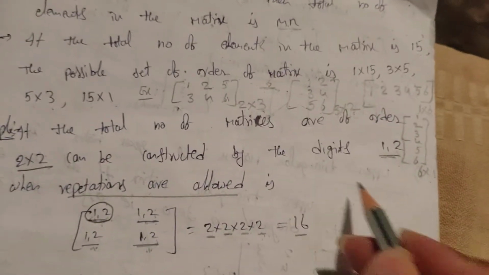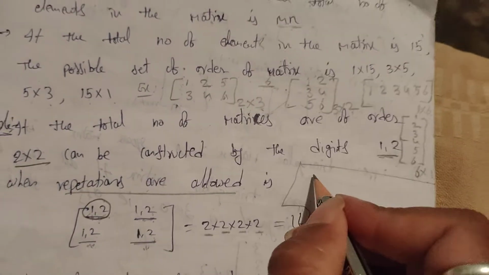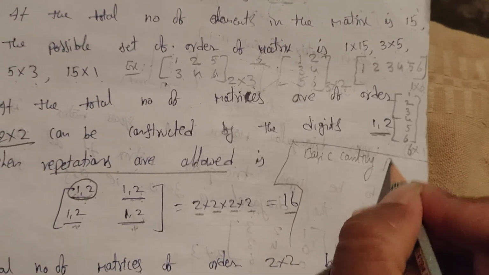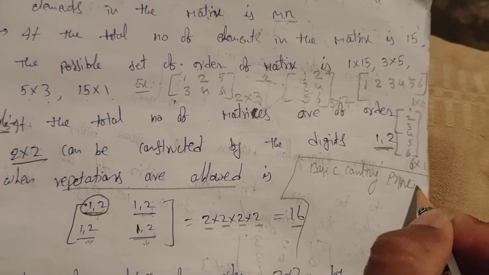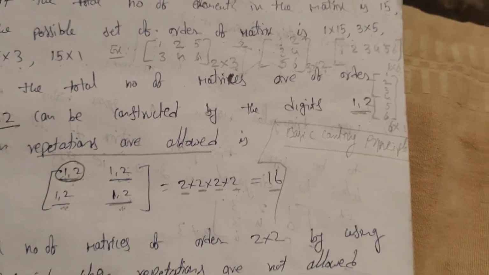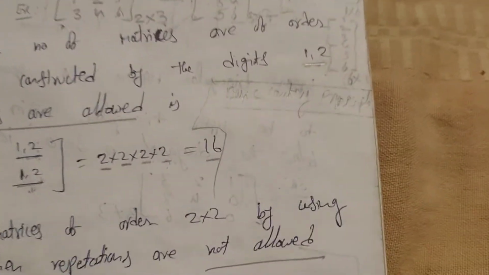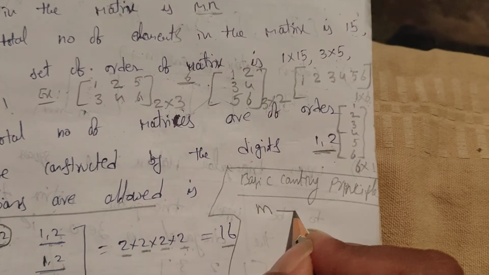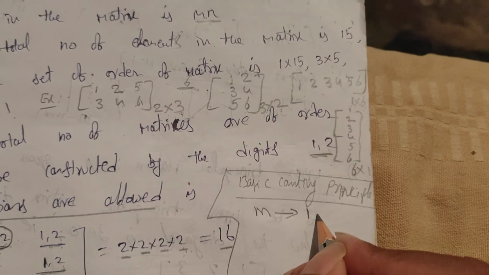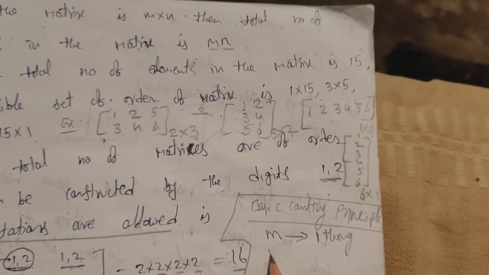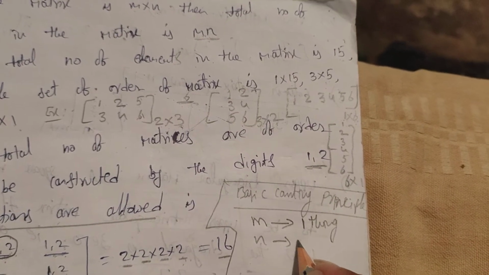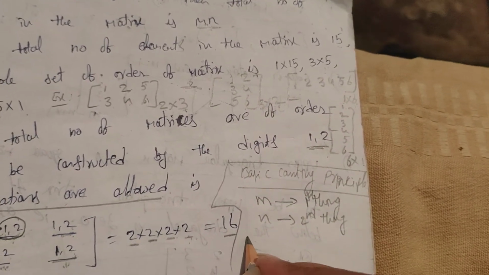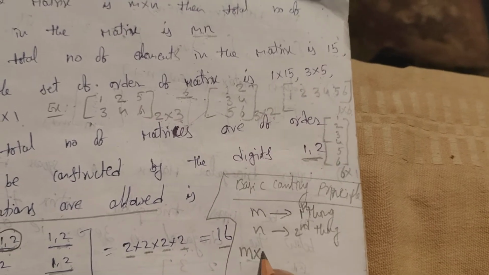According to the basic counting principle, if there are m ways to complete one thing, and n ways to complete a second thing, then there are m into n ways to complete both.